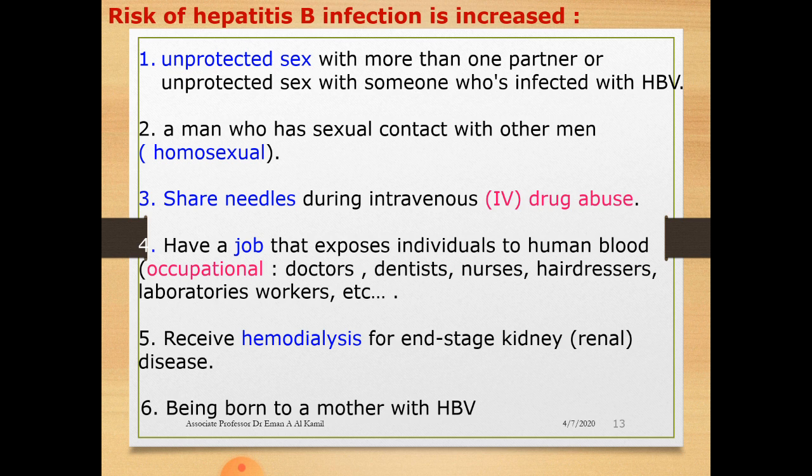Also, individuals who receive hemodialysis for end stage kidney failure or renal failure are at risk of having the infection, and also babies born to mothers with hepatitis B virus are at risk of having the infection.